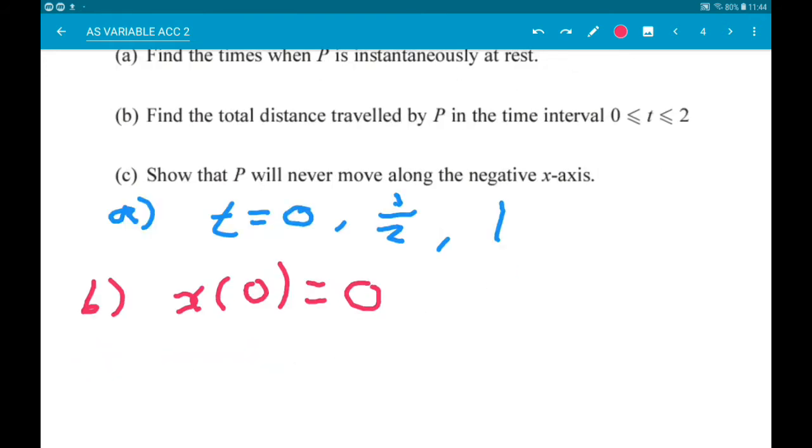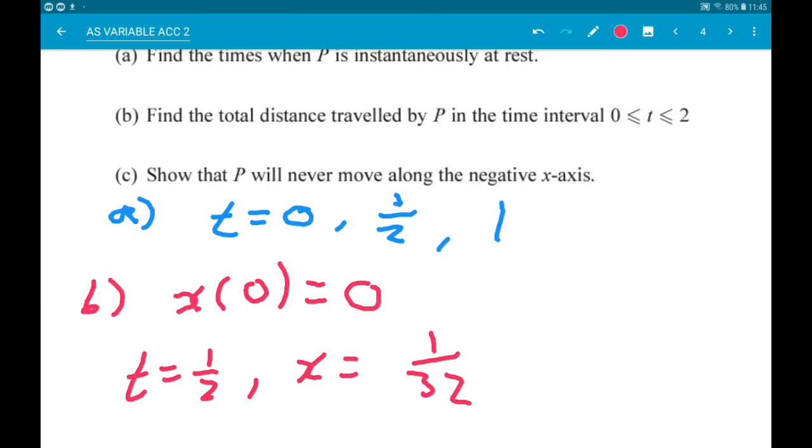So when t is 1/2, x is 1/32. Make sure you get the same. So up to there, the particle has travelled 1/32 of a metre.